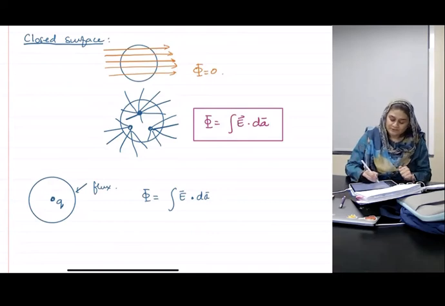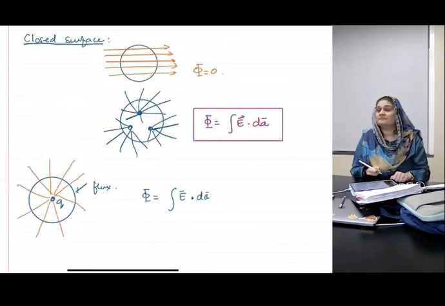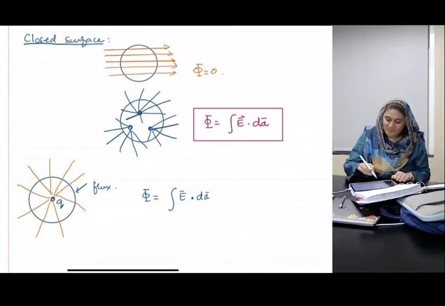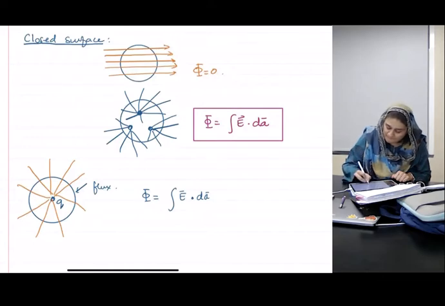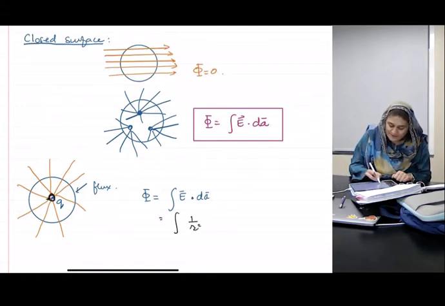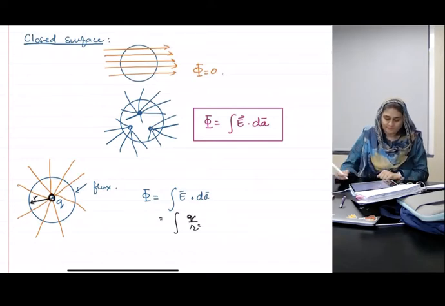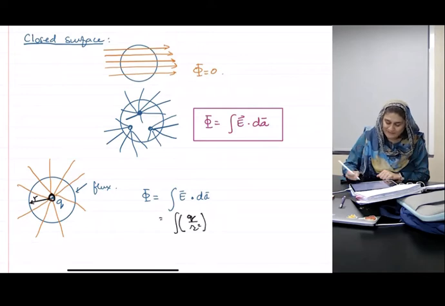One charge, field lines going outwards. Bad drawing, you guys do a better job. What will this E be? 1 over R squared. Say this radius is R and the charge is Q. What will this dA be?